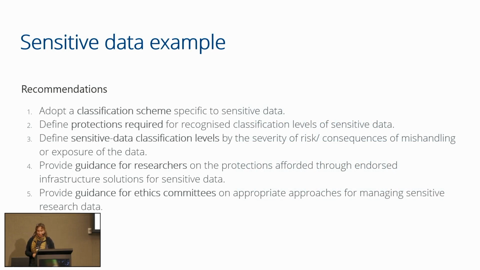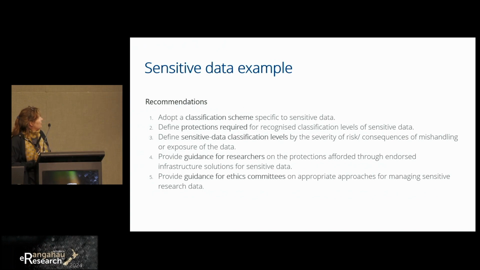In the sensitive data example, they had a series of recommendations, things around classification, defining protections so that it's really easy to know, if I'm sharing data with another university, that you've got the same protections for that sort of data as we do. Some things around guidance for researchers and guidance for ethics committees, and also having those classification levels.